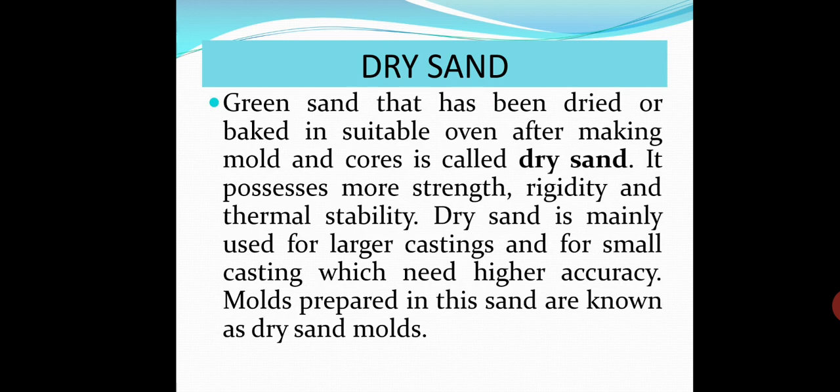We have already discussed that green sand is used to make mold and core for small and medium casting. After using the sand, if it is properly baked in an oven, then the obtained sand is called dry sand. Dry sand possesses more strength, rigidity and thermal stability.